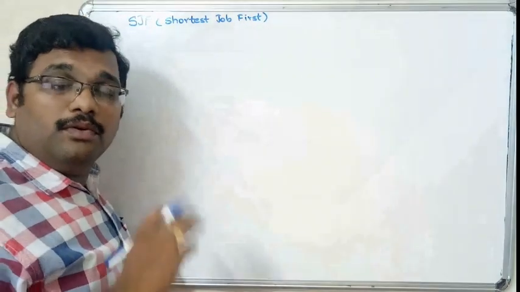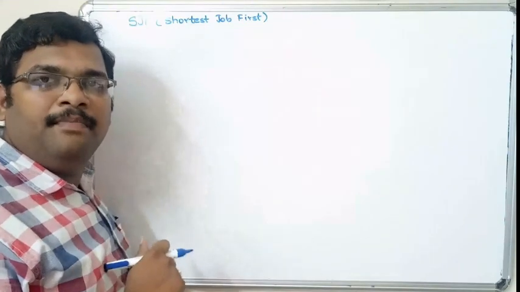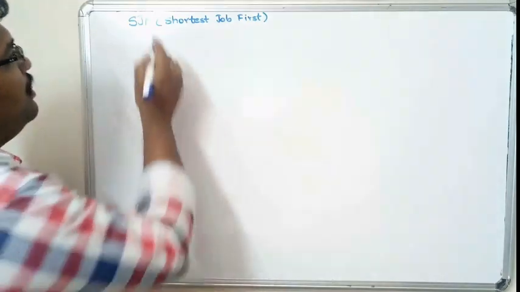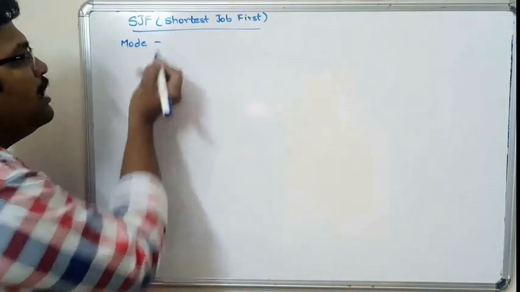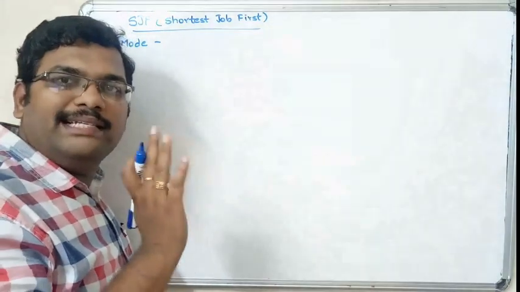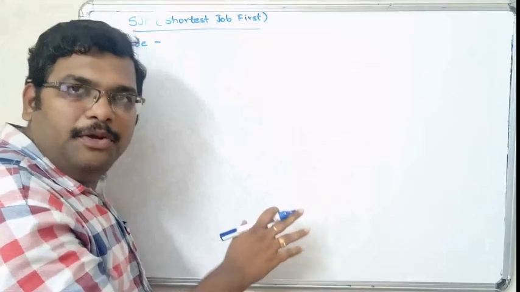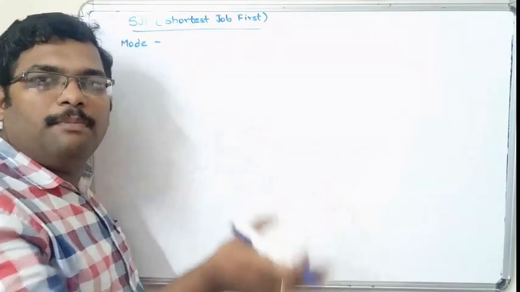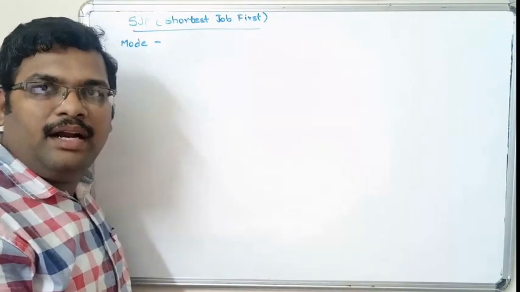Whatever process has a short execution time, that is a burst time, that process should be allocated to the CPU. So in the previous session we have seen the non-preemption mode, that is there will be no interruption during the execution of a process. So if one process is allocated to the CPU, until the process is executed, no other process should enter into the running state, right?